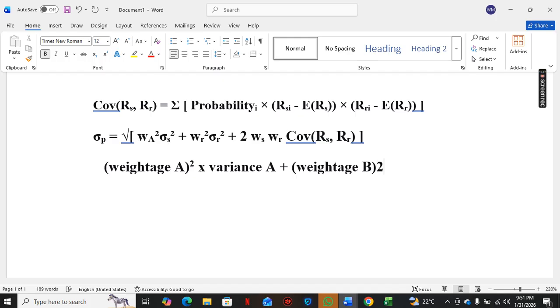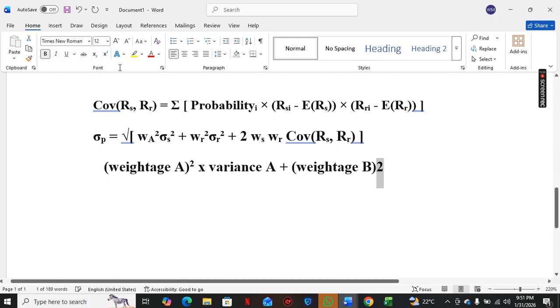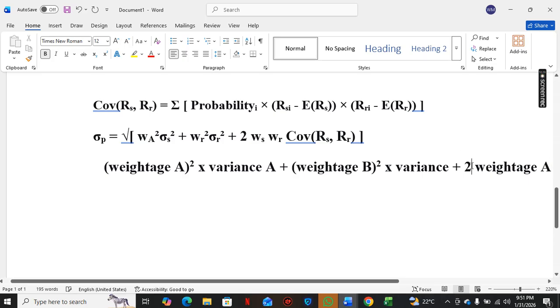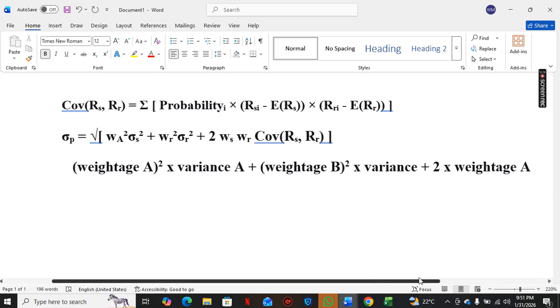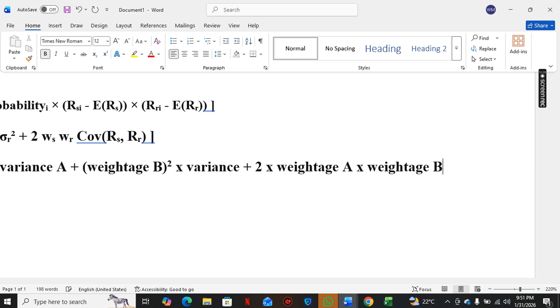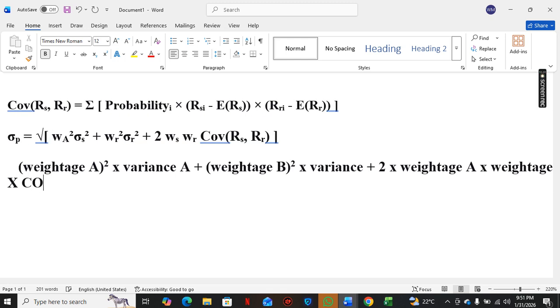Weightage of B squared multiplied by variance, plus 2 multiplied by the weightage of A, multiplied by weightage of B, multiplied by the covariance.